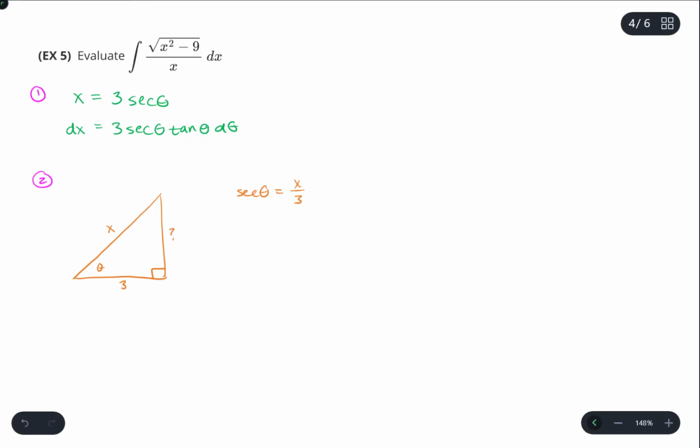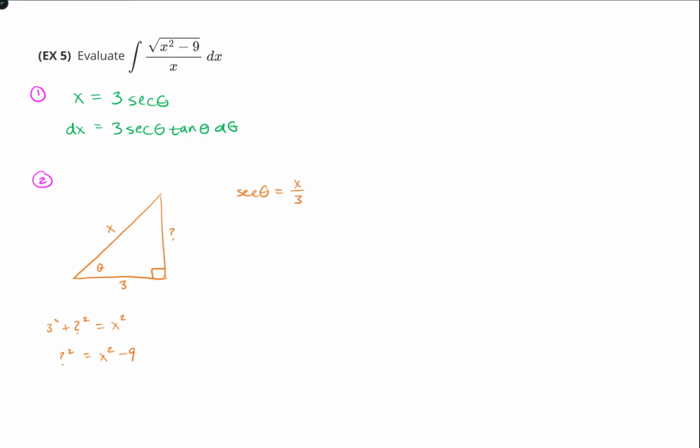And if I just quickly solve for this, I can make sure I've set everything up properly. So 3 squared plus the missing side squared is equal to x squared, or the missing side squared is x squared minus 9, and that's basically what I want once I take the square root. Okay, great.